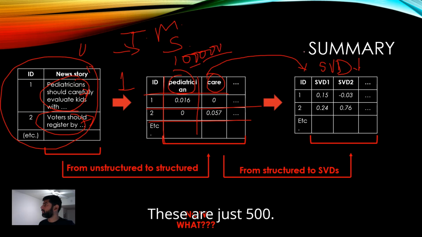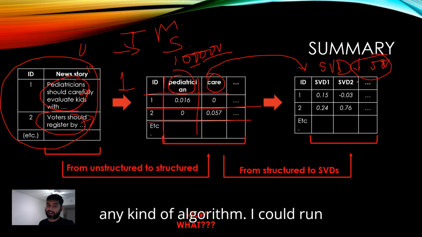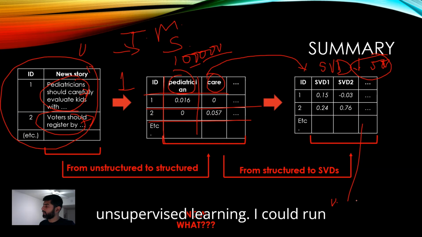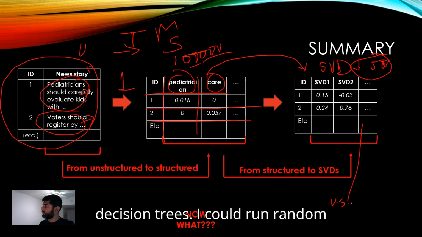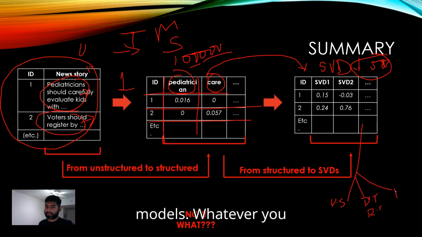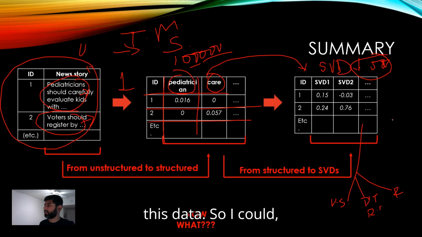These are just 500. Now it's more manageable. I could run any kind of algorithm. I could run unsupervised learning. I could run decision trees. I could run random forest. I could run regression models. Whatever you say, I could run on that and learn from this data.